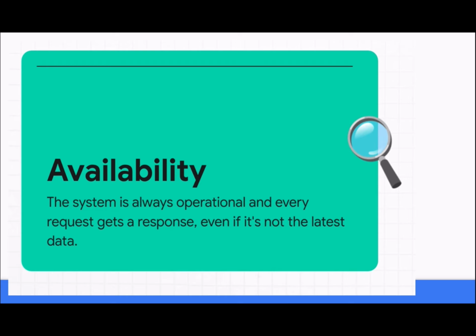Moving on to availability, it states that the system is always operational and every request gets a response even if it is not the latest data. Say, for example, we have an online social media application. A goes in and posts an image, and it gets saved in the X replica of our dataset, but the Y replica still doesn't have it.